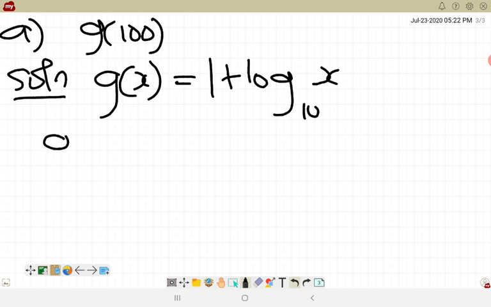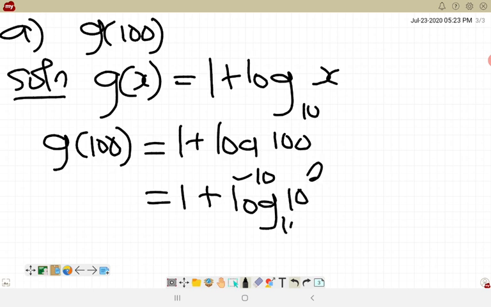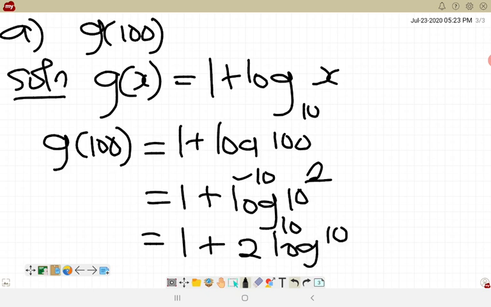Now, g of 100 is going to give us 1 plus log 100 base 10. You remember in the theory of logarithm that this can be written as log 10 squared base 10. When you have a power, you can multiply the power by the log, so this becomes 2 log 10 base 10.